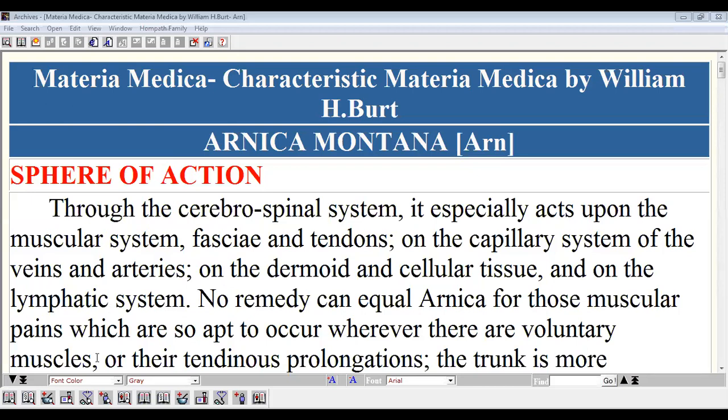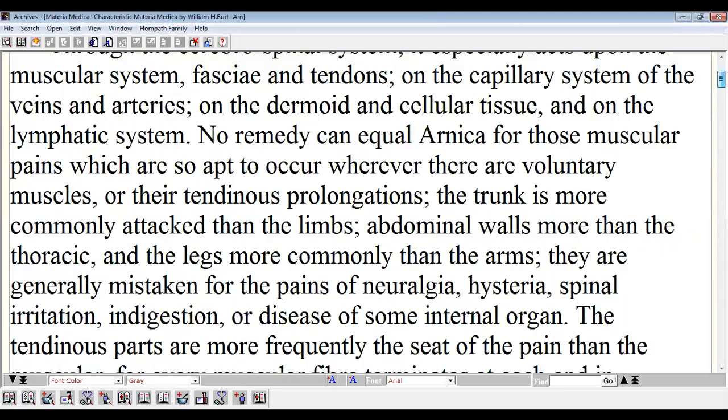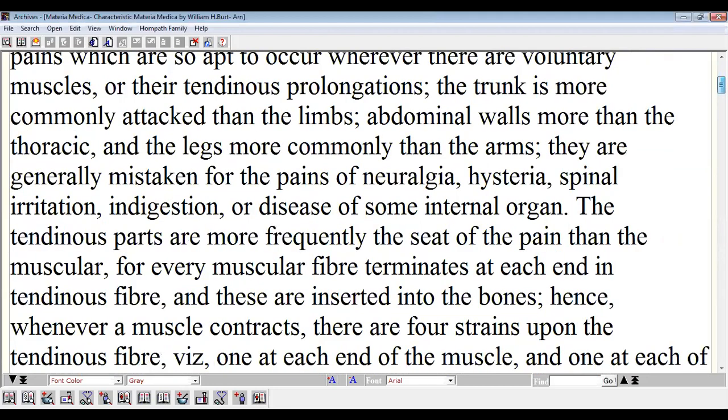And then further there is a description. No remedy can equal arnica for those muscular pains which are so apt to occur wherever there are voluntary muscles or their tendinous prolongations.